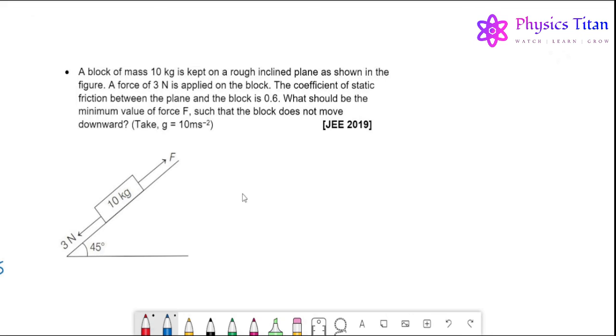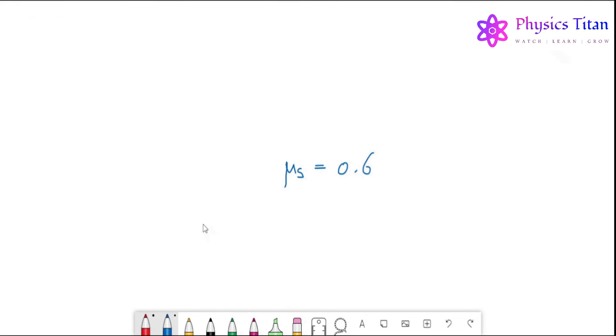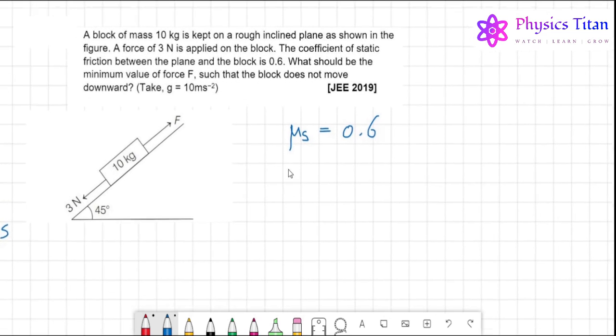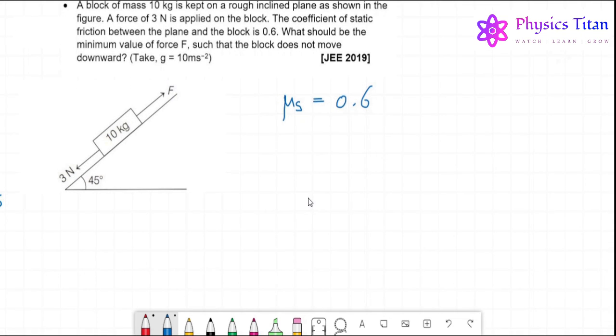So what we have given is the coefficient of static friction mu s equal to 0.6. First of all, let us make the free body diagram of this block.